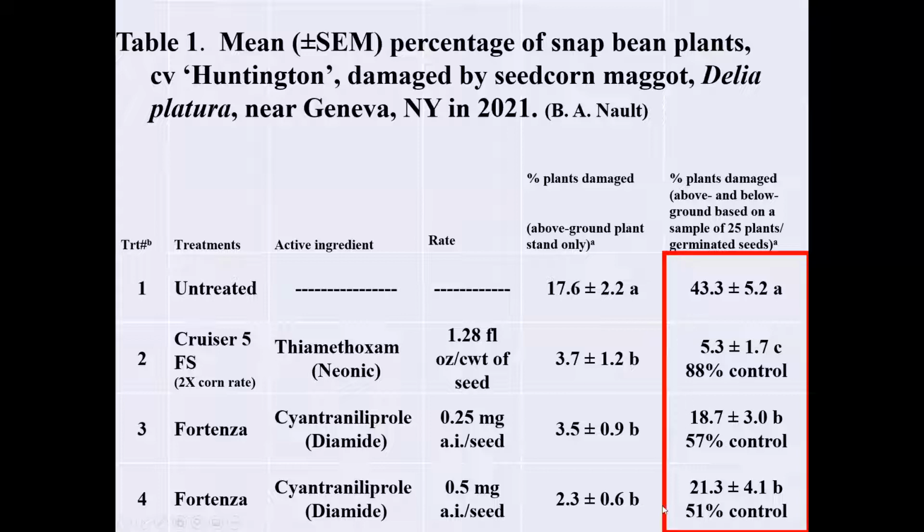In his best treatment with diamides, he got only 50% control. Look at this, 18%, 21% compared to our neonics, which he only had 5% damage. So with neonics, we're looking at 88% control. With the diamides, we're looking at 50% control.